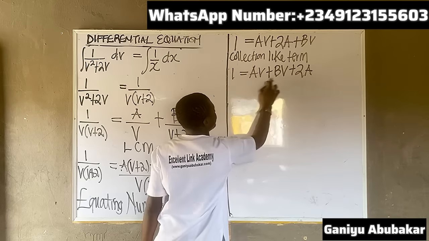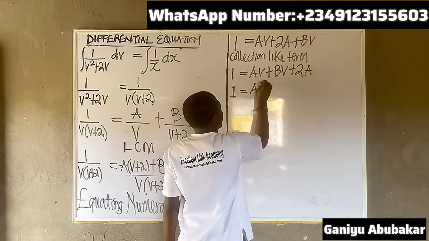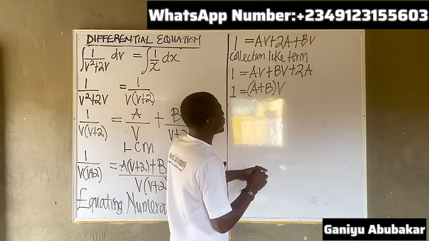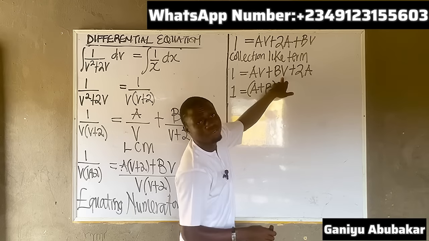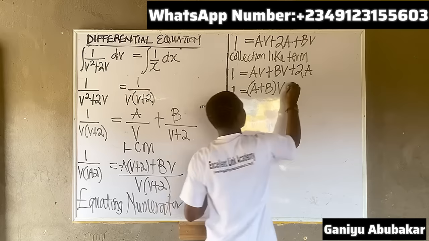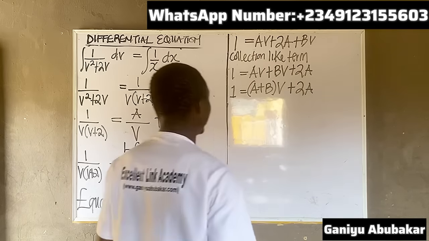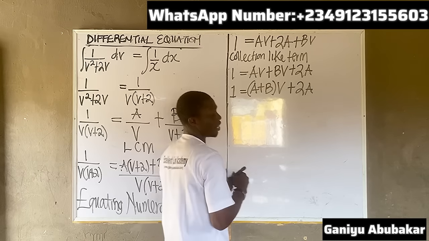Now factorize v outside from here. That gives you 1 equals (A plus B)v, because A times v is Av, plus B times v is Bv. See the same thing, right? So I can have it this way, plus 2A. My next task here is to compare coefficients.